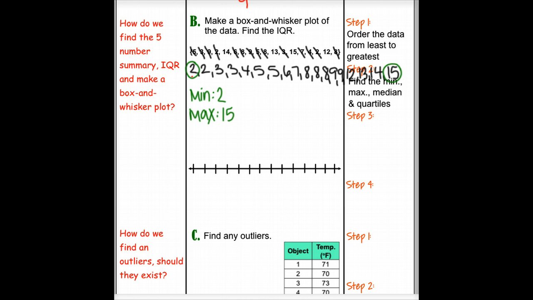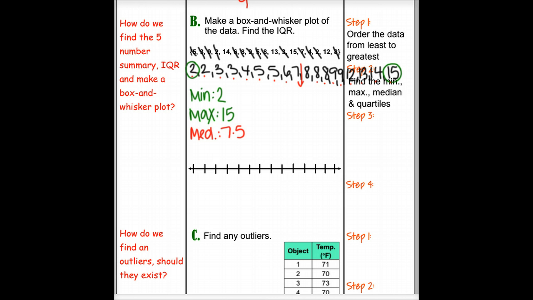So for this I like to do dots, because then I'm not crossing it off, making it harder to find other stuff later. So I keep going left, right, left, right, left, right. And now I've got 2 in the middle. That means that my median is right here. So that means my median is 7.5 because it's halfway between 7 and 8.